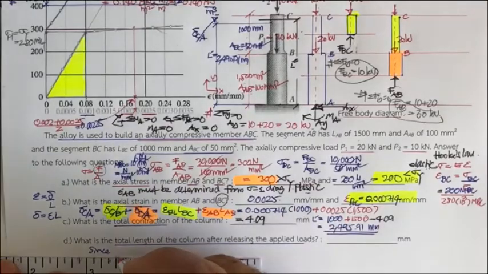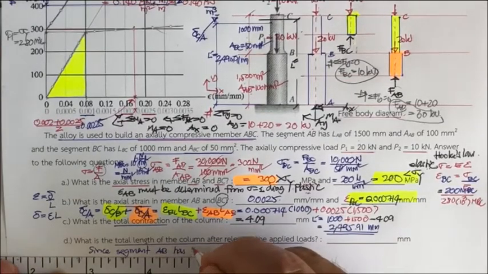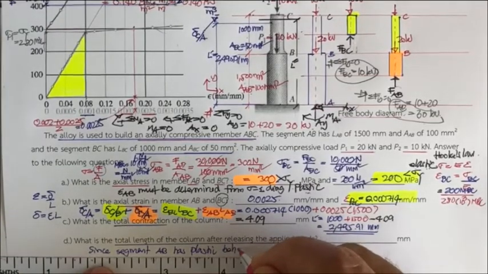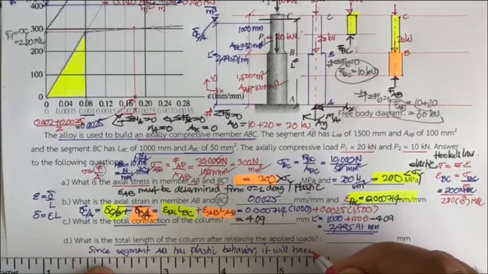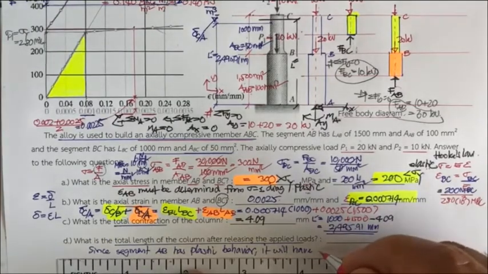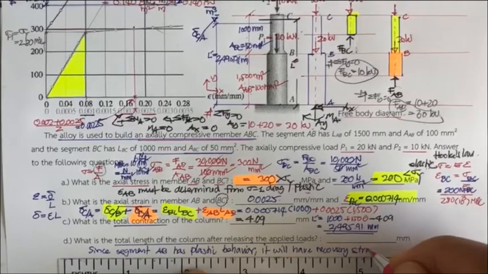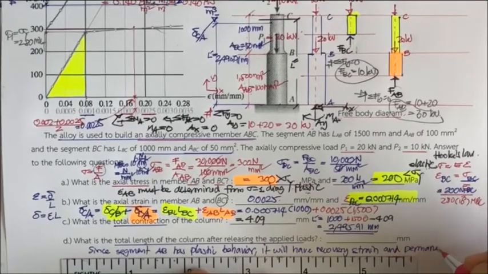Since segment AB has plastic behavior, we have recovery strength and permanent set.